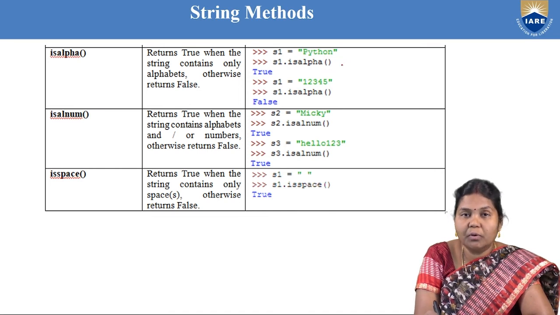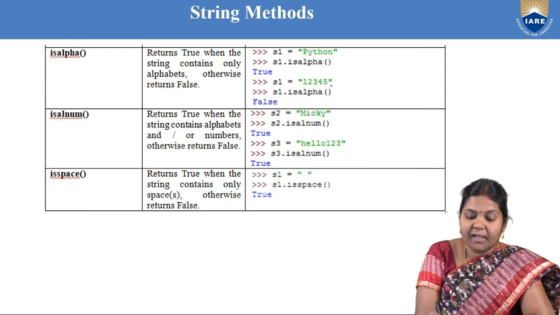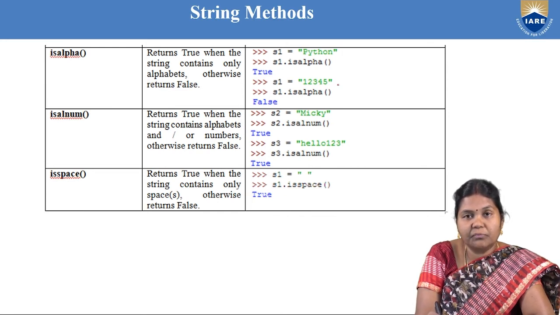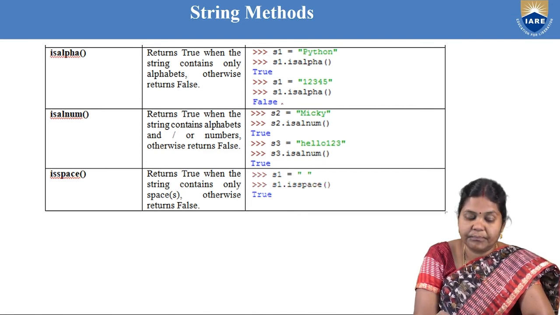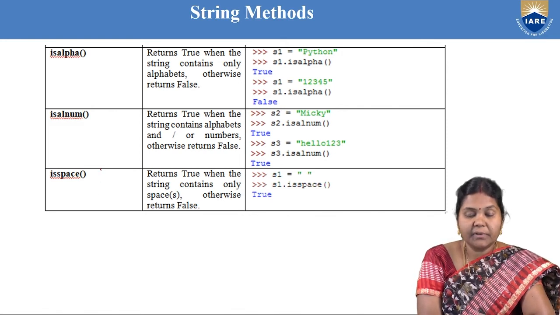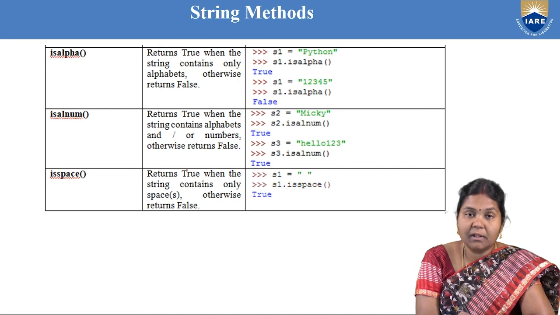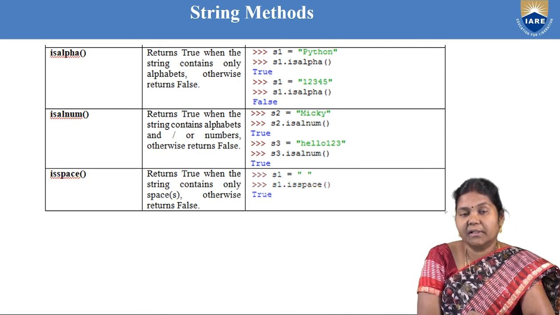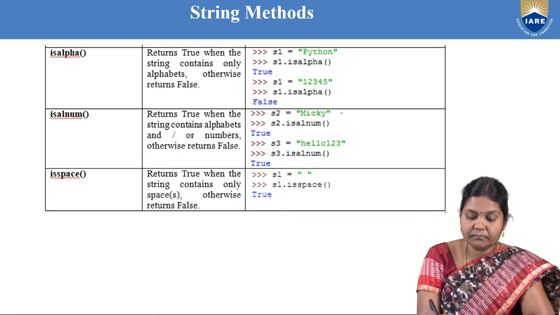Similarly, S2 is another string containing numbers only: "12345". If you check isalpha, it returns false. Similarly, isalnum returns true when the string contains alphabets or numbers. Otherwise, if anything else is present, it returns false.